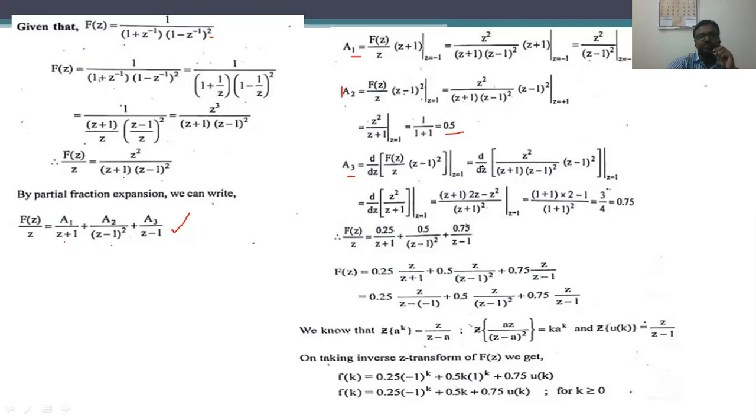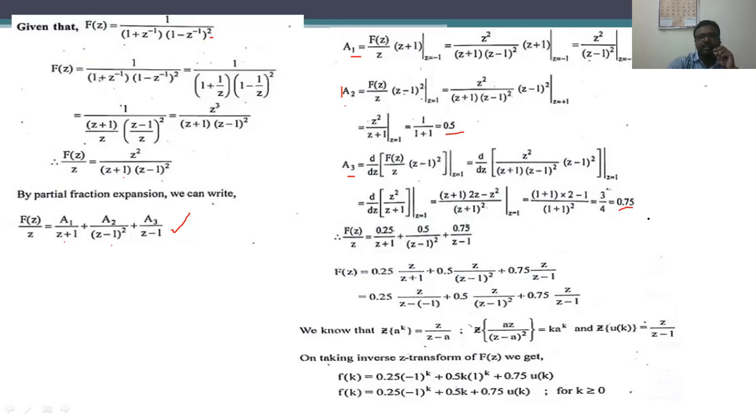That is equal to d divided by dz of z square divided by z plus 1 into z minus 1 whole square, into z minus 1 whole square. So upon certain calculation, we are going to get the value of A3 as 0.75.